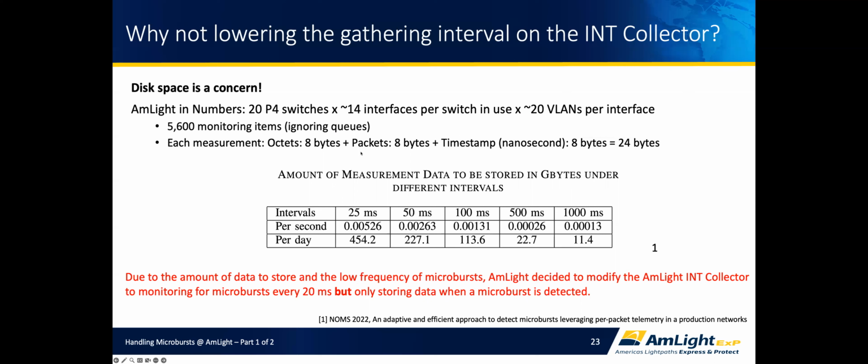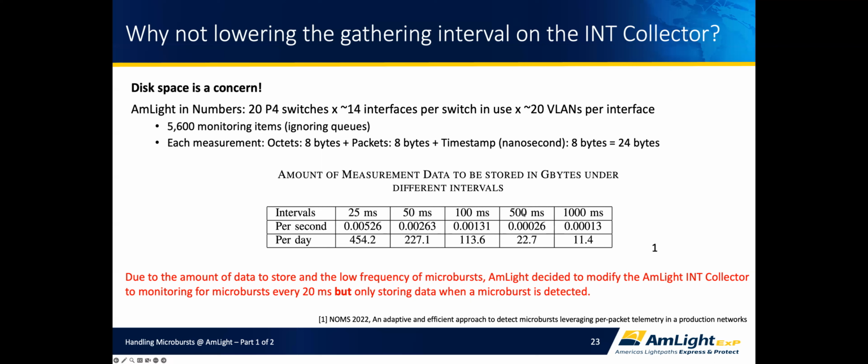But just picking one monitoring item, say one of those octets, packets, and timestamp in nanosecond precision, which is 8 bytes, this leads to 24 bytes per monitoring item. If you monitor this every 1,000 milliseconds, which is 1 second, at the end of the day you have 11 gigabytes of monitoring data for that one item, which could be just traffic leaving the interface, not entering the interface, and there's no pause or anything.